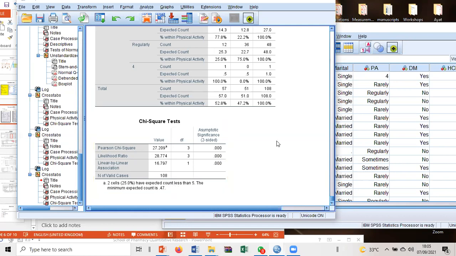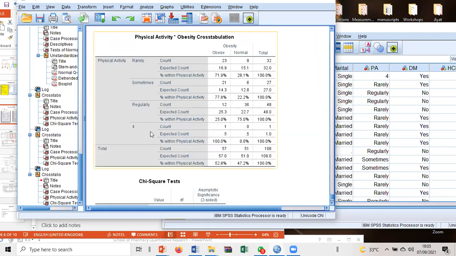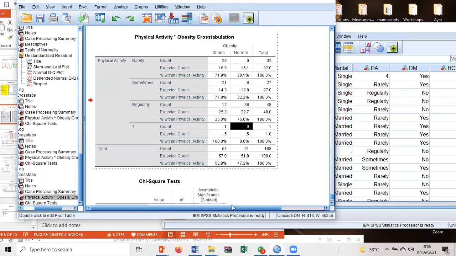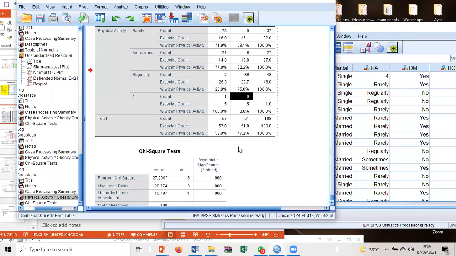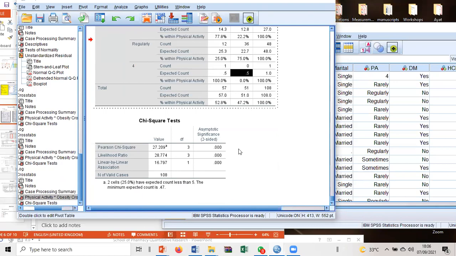Why? Look at this table now. For this group 4, how many entries are here? Only one. The 1 will go into either obese or normal, so the other is 0. That's why the count is very low, 0.45.